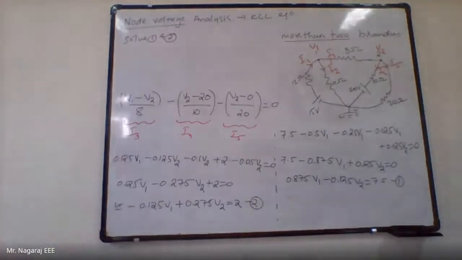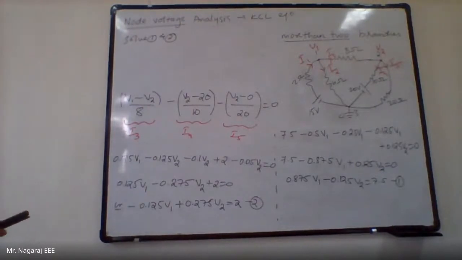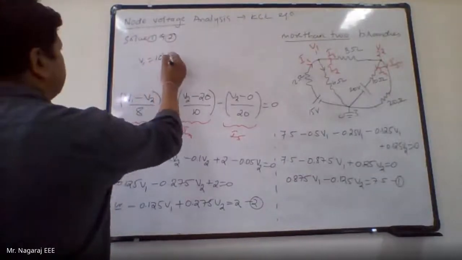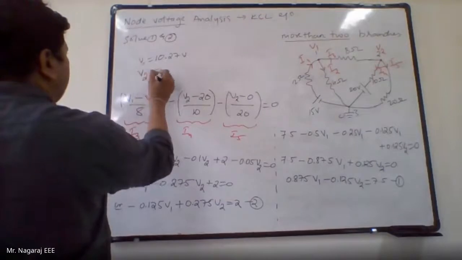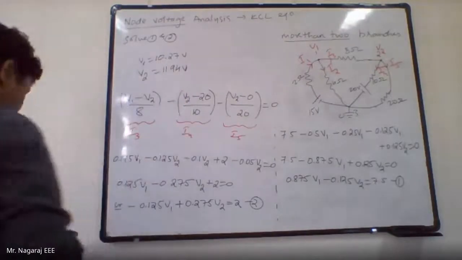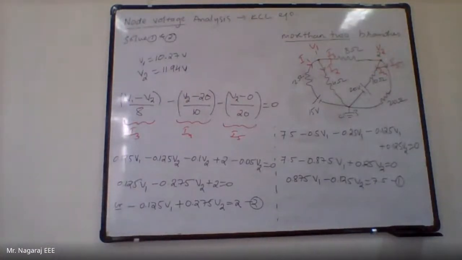So after solving 1 and 2, what I get is V1 is 10.27 volts and V2 is 11.9 volts. Okay. So this is the solution.